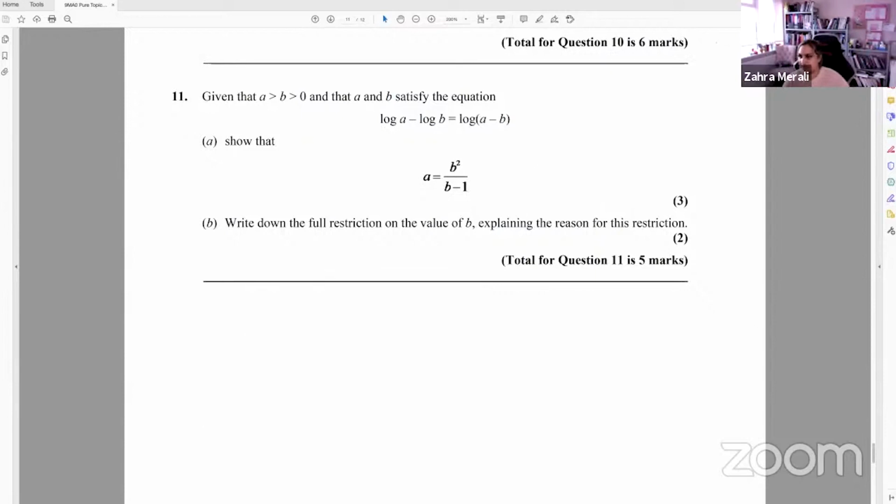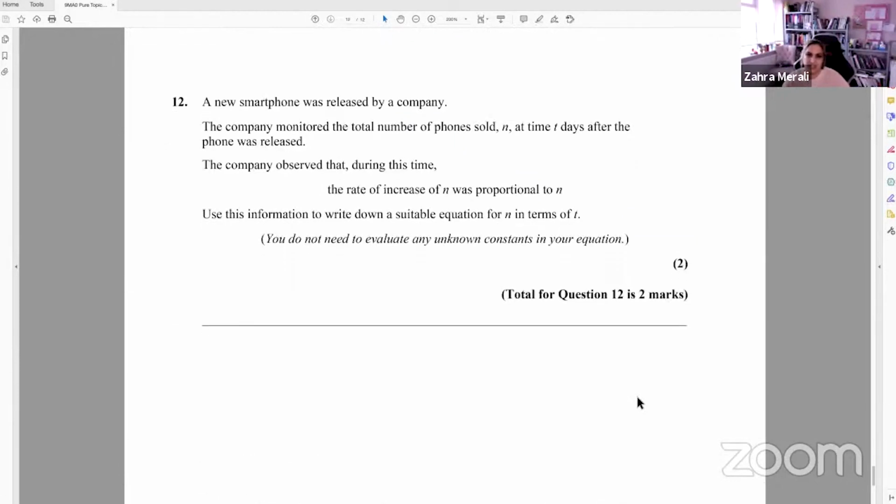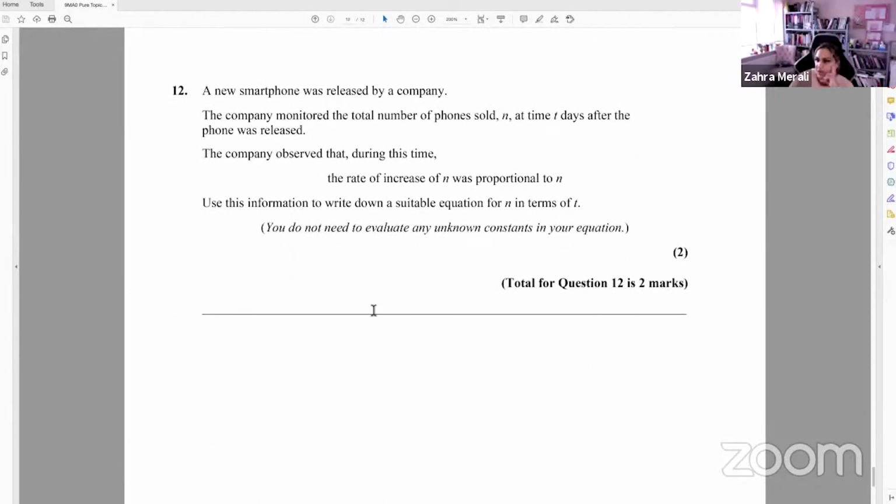And I think there's one last question. A new smartphone was released by a company. The company monitored the total number of phones, n. The rate of increase of n, so the differential, was proportional to n.